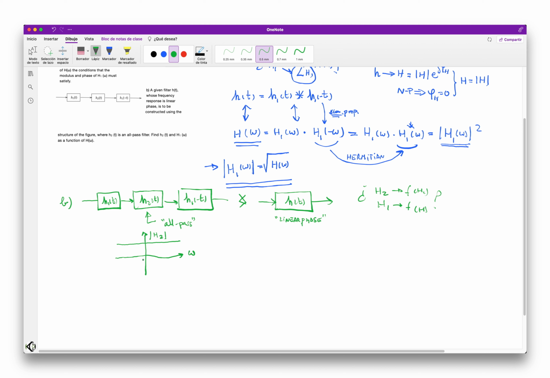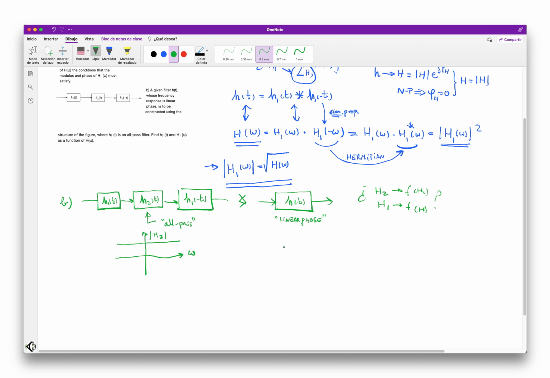This is what all pass means. Does it say what happens with the phase? Well, the phase can be anything, but all pass just refers to the fact that it passes the modulus without altering it at all, without attenuation or amplification, and the phase can change, certainly.